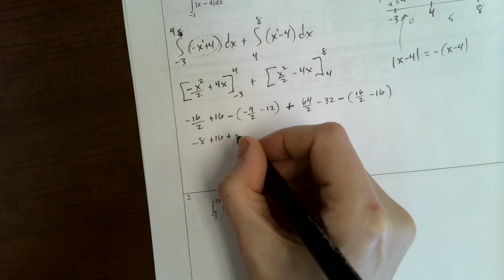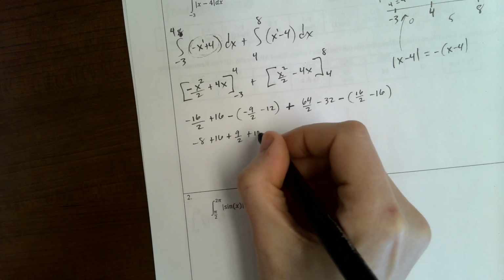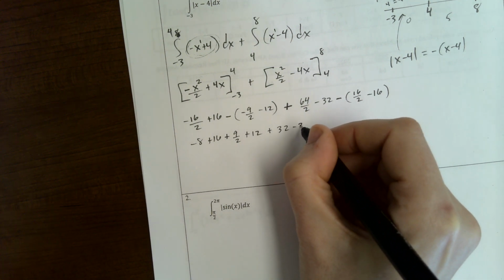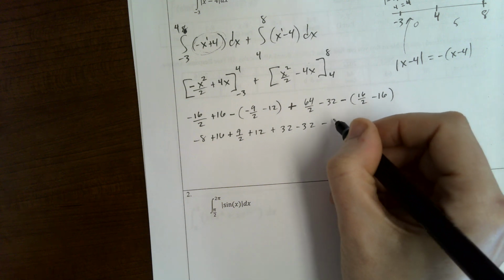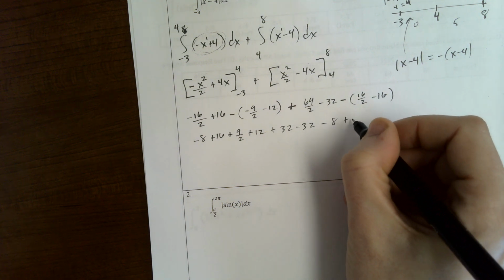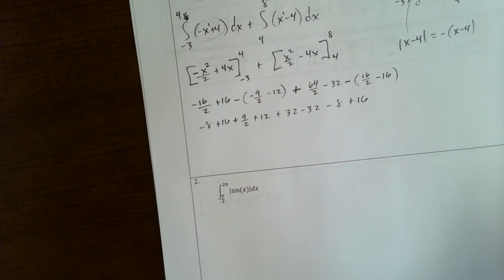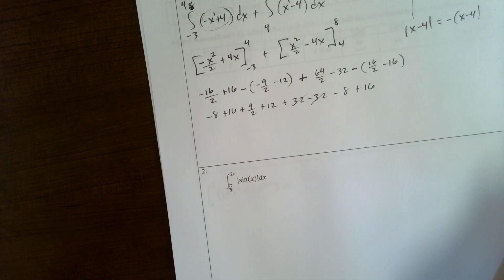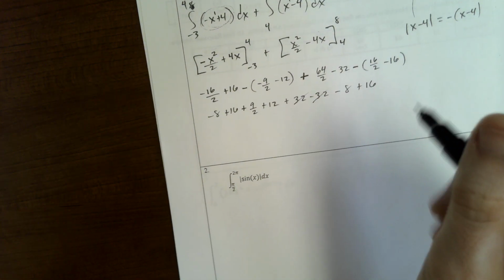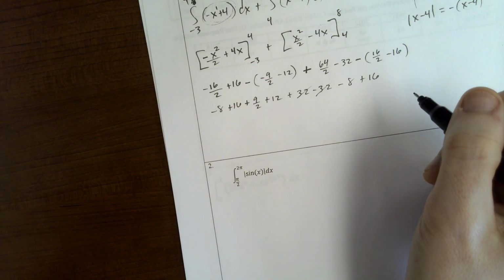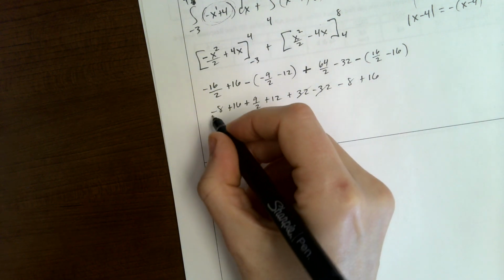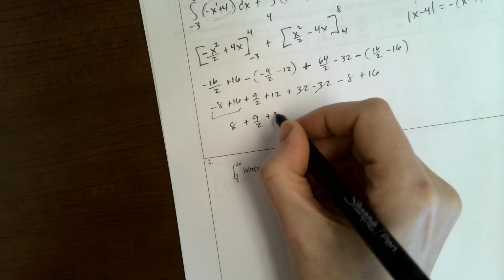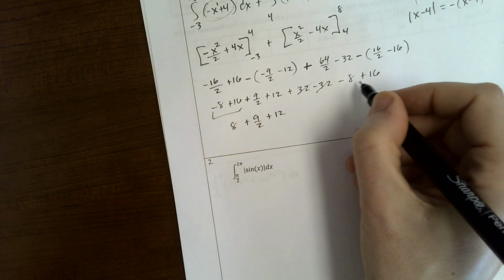Plus 9 halves plus 12 plus 32 minus 32, that's nice, minus 8 plus 16. All right, so those are canceling, that's great. So I've got here 8 plus 9 halves plus 12.